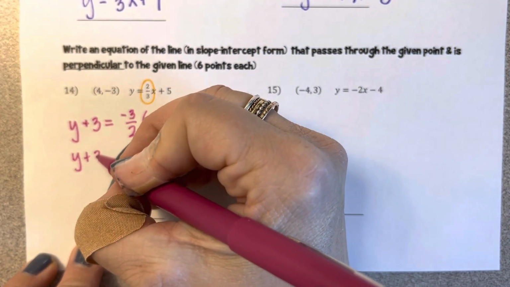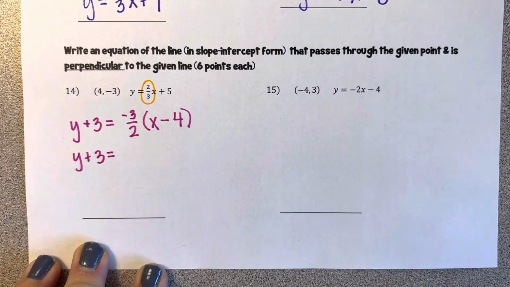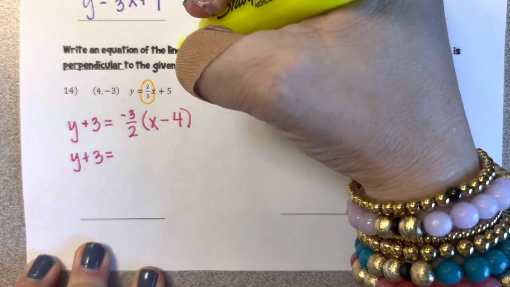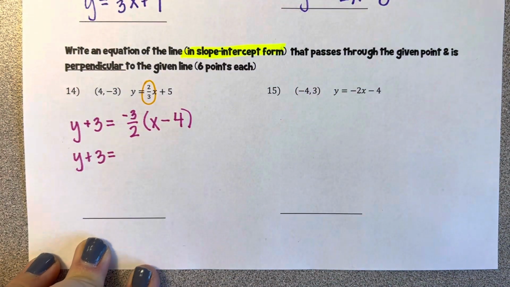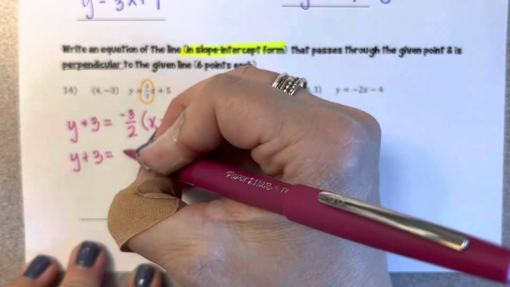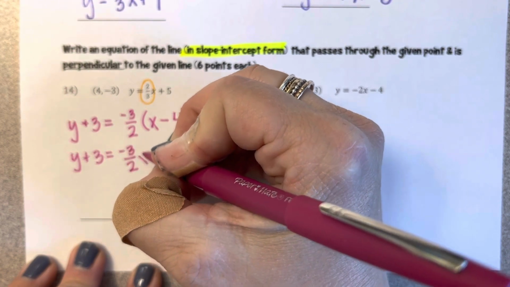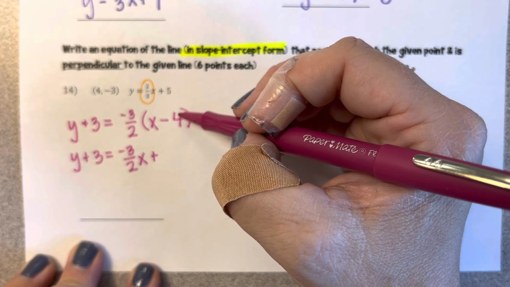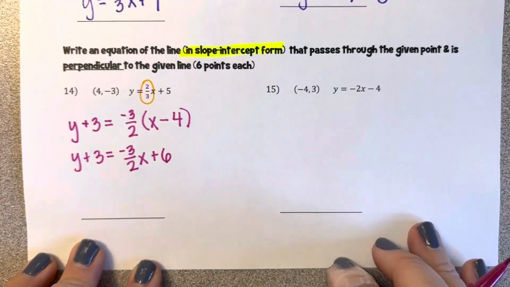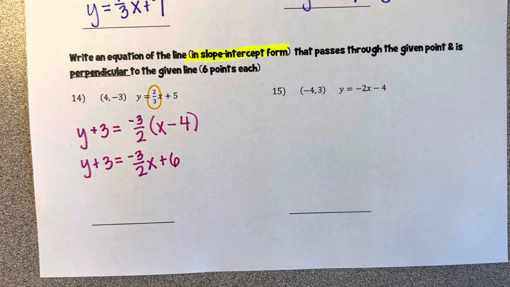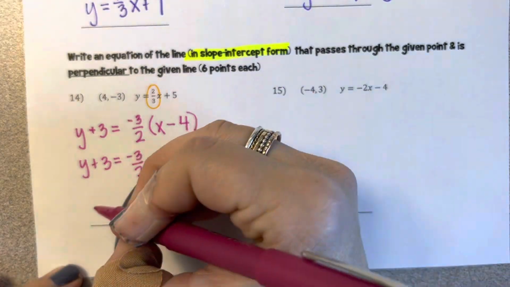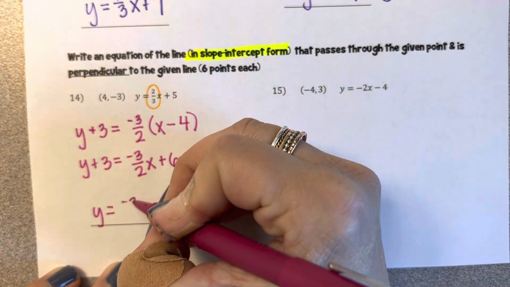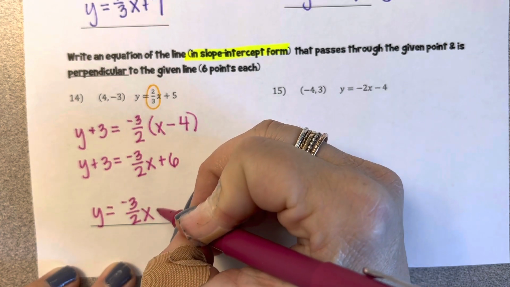Again, I'm writing it in slope-intercept form, so I need to finish working it out. y plus 3 would equal negative 3 over 2x. Negative times negative is positive. 3 times 4 is 12, divided by 2 is 6. So y plus 3 equals negative 3 over 2x plus 6. I need to get rid of this plus 3, so I'm going to subtract 3 from both sides. y equals negative 3 over 2x plus 3.